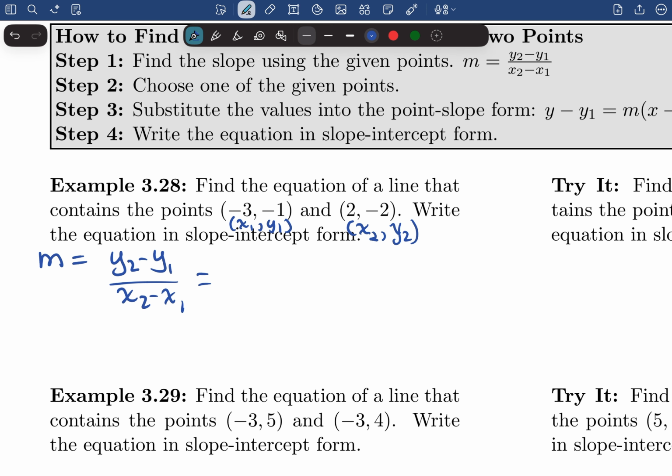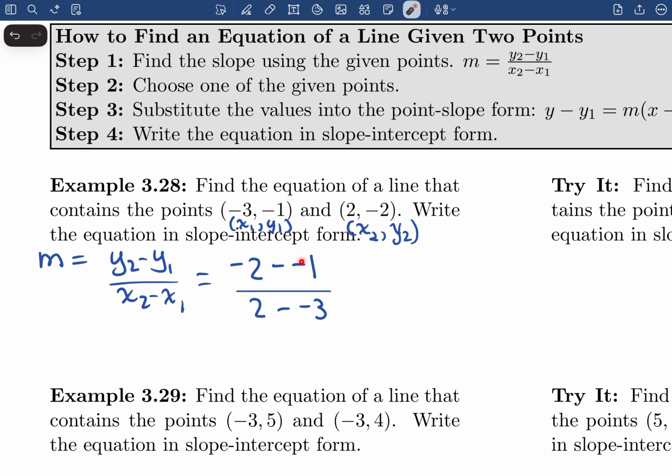So I have negative 2 minus negative 1 divided by 2 minus negative 3. All right, once again, you see the minus sign of the formula, right? There's the minus sign of the formula. And then the value right here, negative 1.